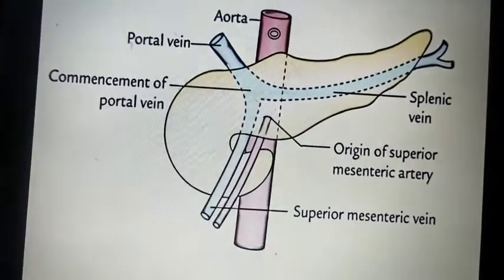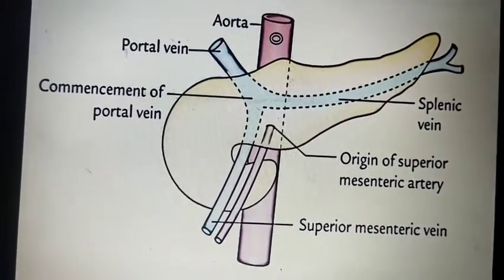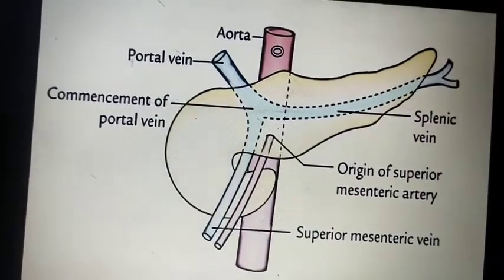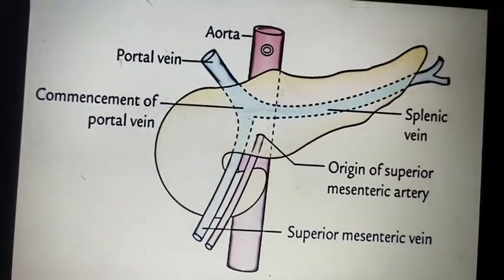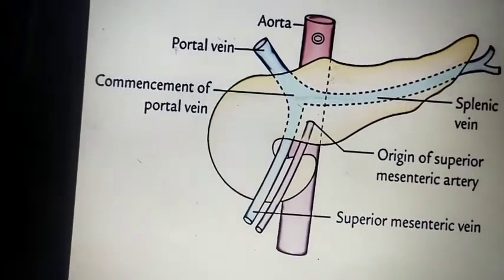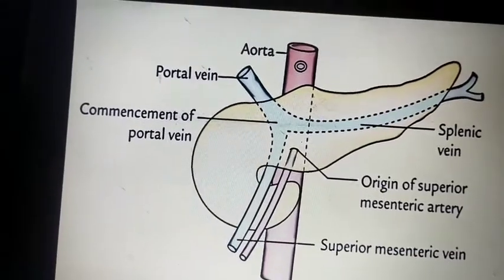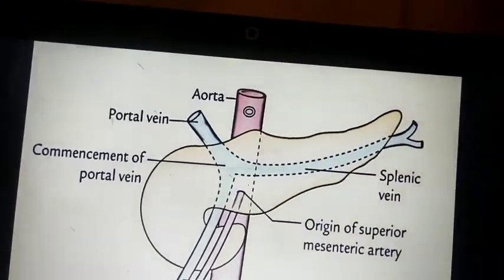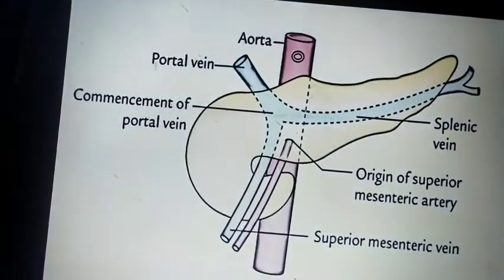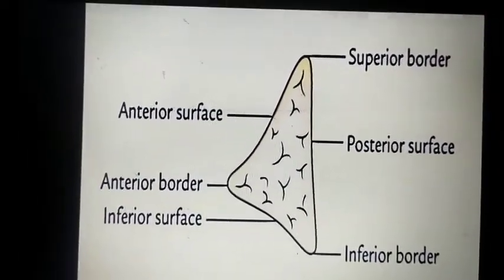Anterior surface is related with the pylorus of the stomach, posterior surface is related with the portal vein, where the splenic vein and superior mesenteric vein join. Upper border is related to the first part of the duodenum, and lower border with the transverse mesocolon. This is the relation of the neck of the pancreas.